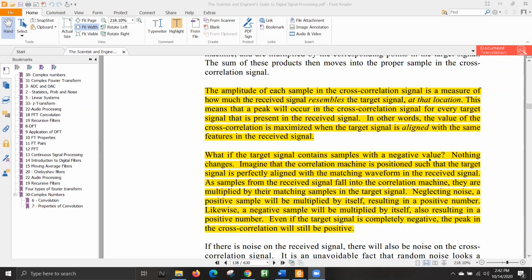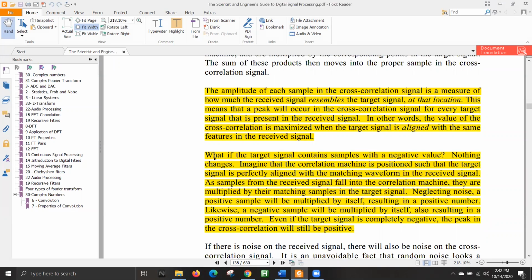Okay, so imagine that the correlation machine is positioned such that the target signal is perfectly aligned with the matching waveform. That means you are in that location where it is aligned, and samples from the received signal directly match up and are multiplied by their matching samples in the target signal. So you are multiplying negative value samples.